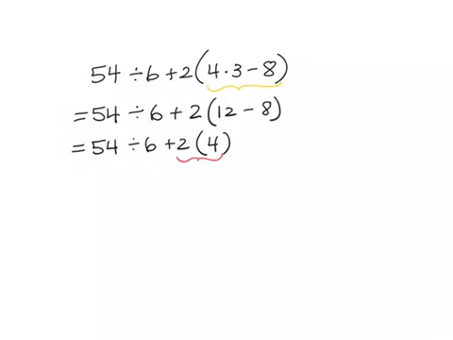So as I look at this, I see first 54 divided by 6, which is going to give me 9, plus, but then this is another place where that 2 times 4 is not connected to anything I already did, so I can go ahead and do that multiplication as well and get 8, which means I can finish simplifying this. 9 plus 8 is 17.